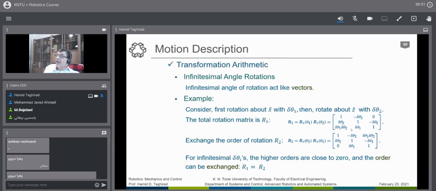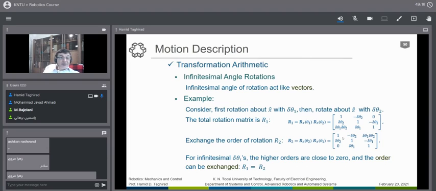If we have very small angle, as you know, when they are small, the multiplications become of the order of 2. It is much smaller. So we can neglect the multiplication, and these two become the same. Here we have 0. We don't have 0 here. But since this is multiplication of two small angles, and this is much, much smaller than 1, then we have this. What does it mean?